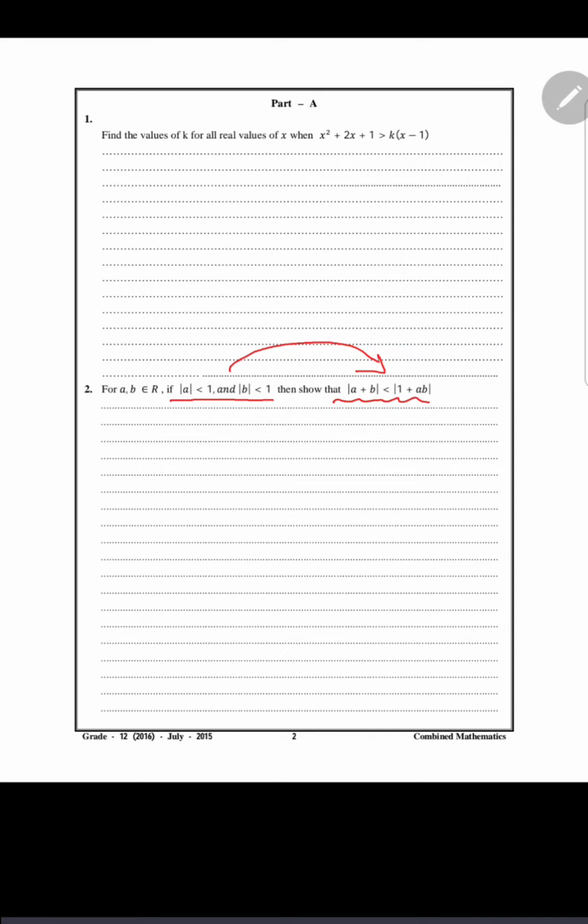Okay, so we have to consider these two data and prove this inequality. Otherwise, we can consider this as the data and then prove this side. Either method of these two is correct. But the easier one is to consider this as the data because that contains a full inequality with a lot of terms.